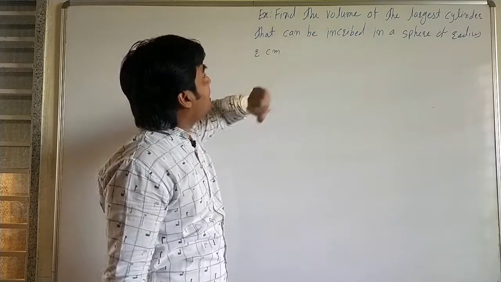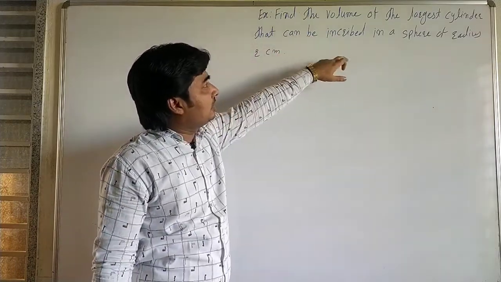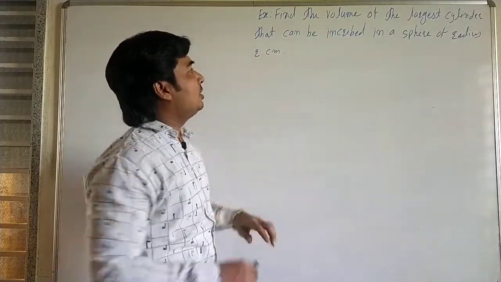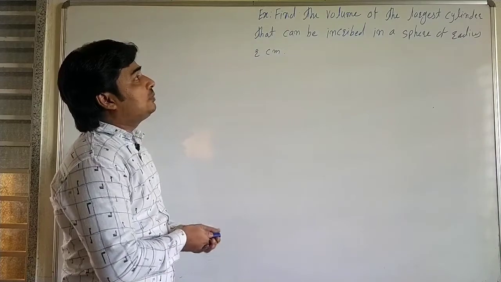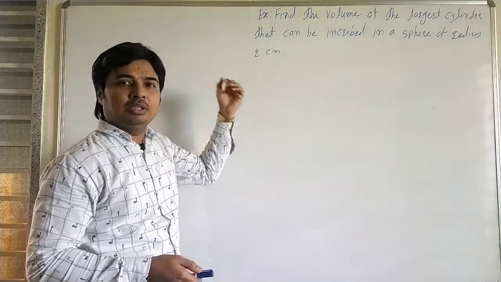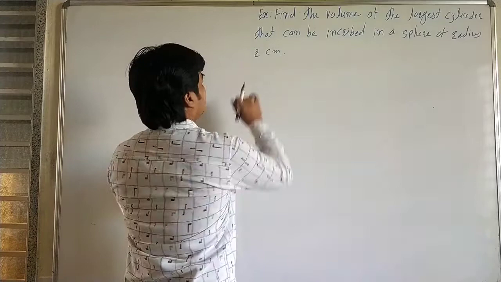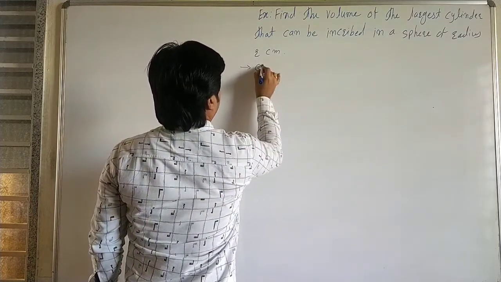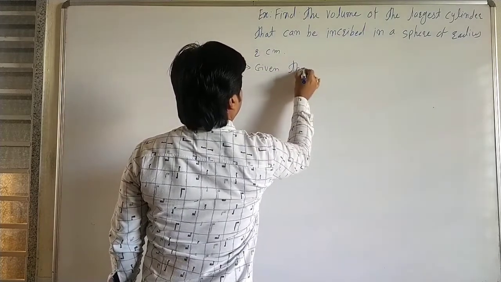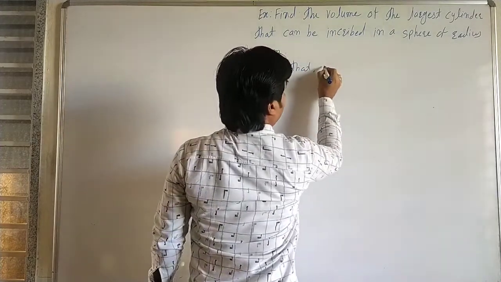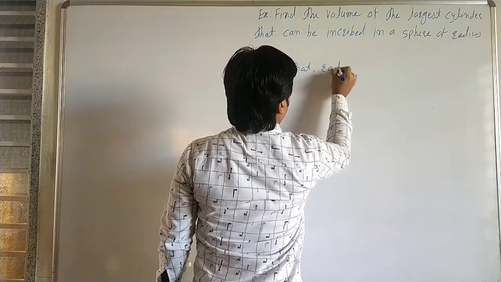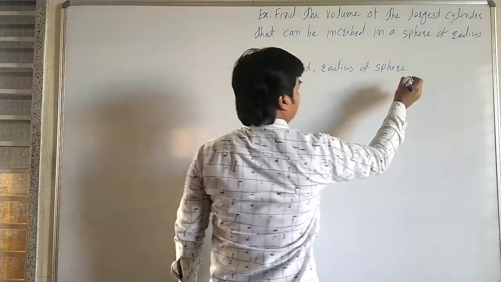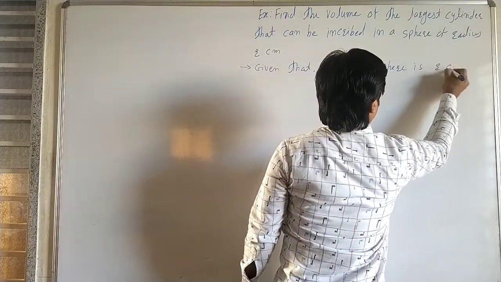Find the volume of the largest cylinder that can be inscribed in a sphere of radius r centimeter. Here r is the radius of the sphere, and we want to find the maximum volume of a cylinder inscribed in the sphere. Now here it is given the radius of the sphere is r centimeter.